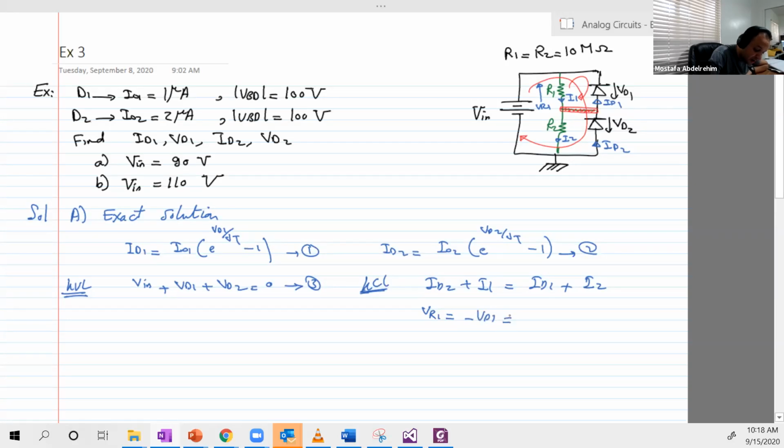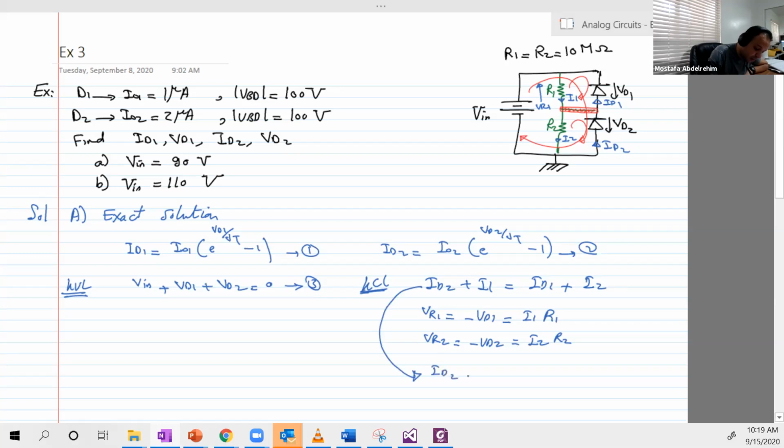And VR1 is equal to I1 multiplied by R1. So I1 is actually a function of VD1. Using the same approach, VD2 equals I2 multiplied by R2, so I2 is actually a function of VD2.